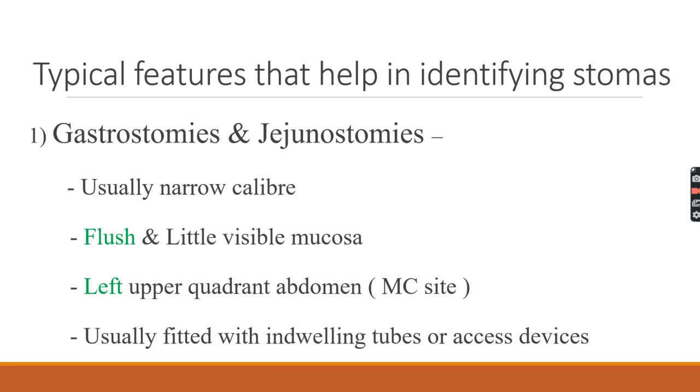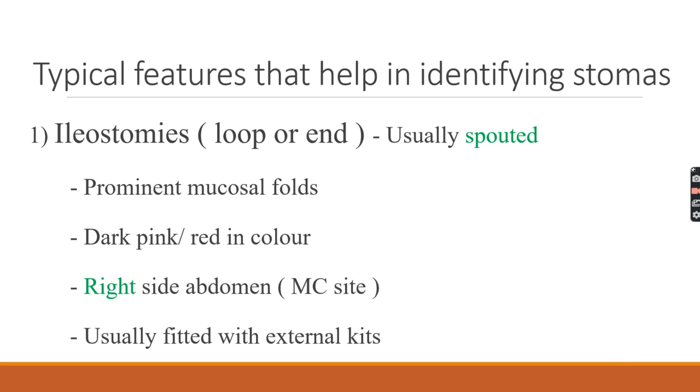Then come the ileostomies, either loop or end, and the opening is usually spouted, and there are prominent mucosal folds, what we have just seen in the previous picture in this video, and the color is usually dark pink or red, usually situated on the right side of the abdomen. So the most common site of ileostomies is the right side of the abdomen, and they are usually fitted with external kits, ileostomy kits, right?